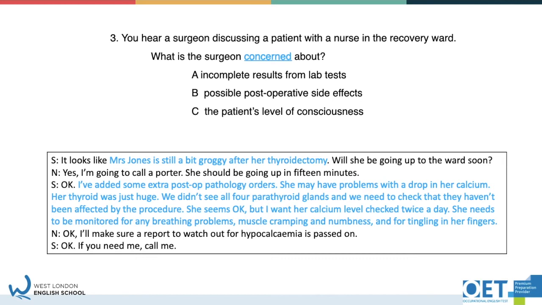And if we look at the detail here, for example, where it says the parathyroid glands, it talks about checking the calcium level, and she needs monitoring for breathing problems, muscle cramping, etc. And these are all side effects from the operation. We know that there were possibly a couple of issues with the operation where the surgeon has said her thyroid was just huge. We didn't see all 4 parathyroid glands. Okay. So B is our answer here.